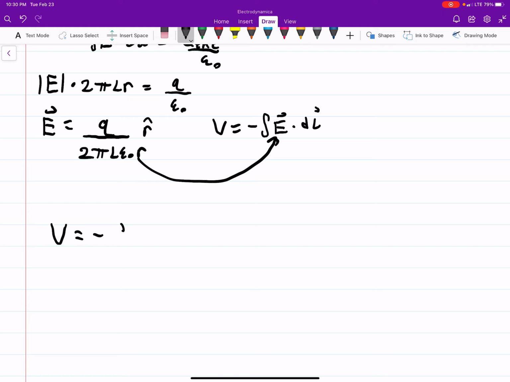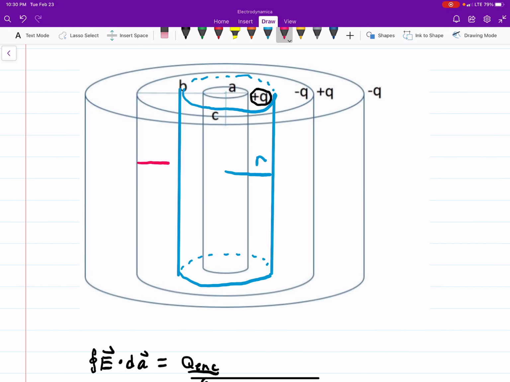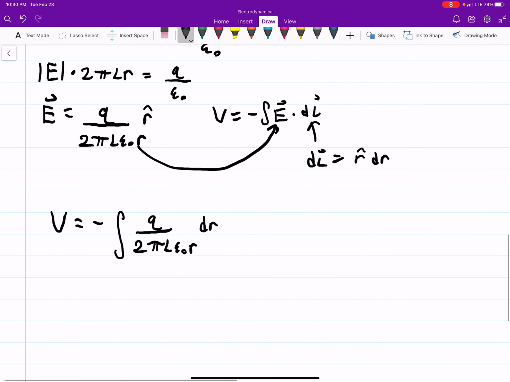So our potential is negative the integral of Q over 2 pi L epsilon naught r, and then our dl is just r hat dr. R hat is just 1, so we'll be left with just dr. As for our limits of integration, we're going from B to A. In the next step, I'm going to pull out constants, and I'm also going to flip my bounds of integration and go from A to B.